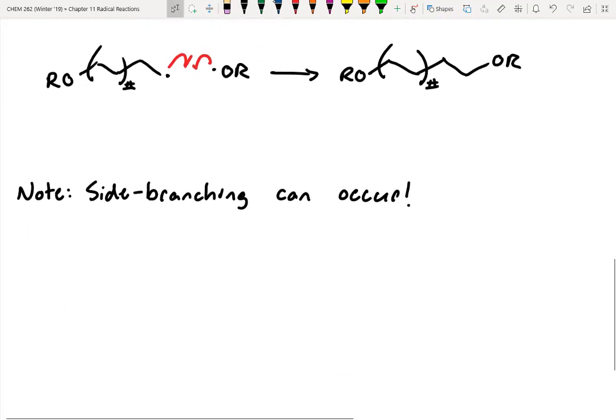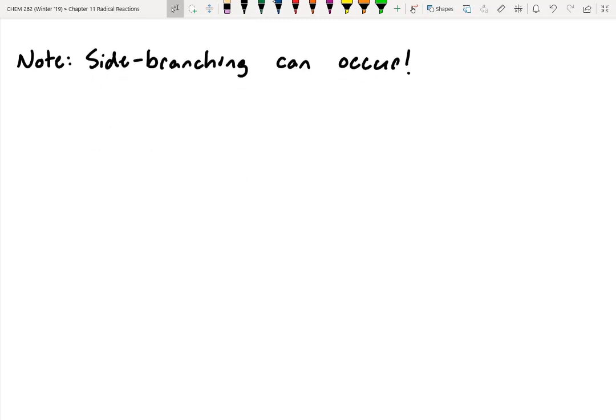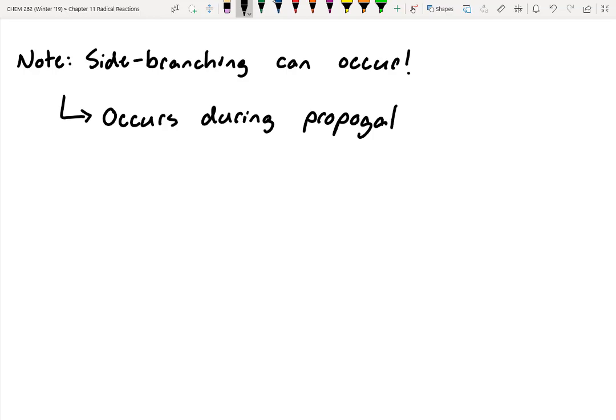It can change the structural properties of polyethylene depending on how branched it is. So let's take a look at how this occurs. And the big thing to note is that this occurs during propagation.